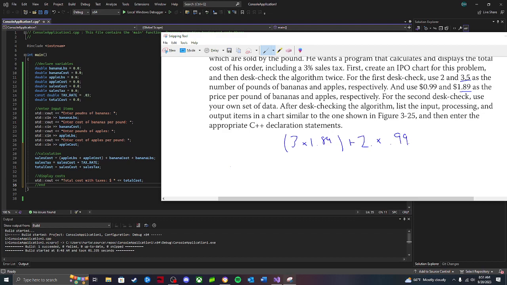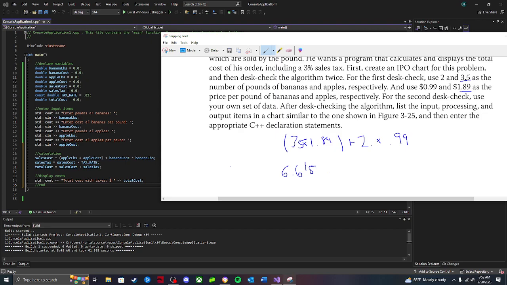So if we were to do that, let me pull up a calculator right now just to make this super easy and make sure my math isn't wrong. Oh, it's 3.5. Sorry, 3.5. 3.5 times 189 equals 6.615. Since we're using double variable type, it's going to process it this way, right?